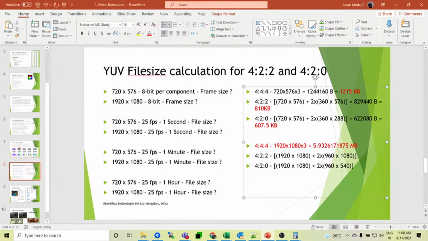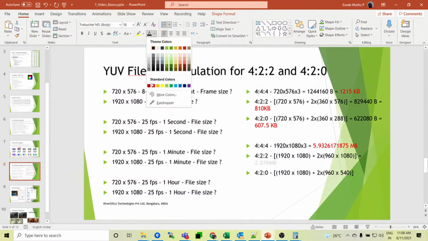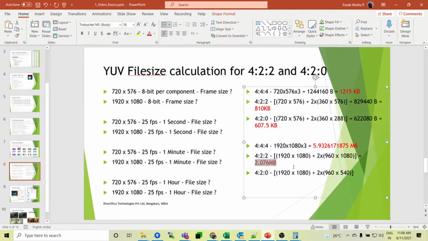Okay, fine. What is this value then? 420. 2.076. 2.076. I'm not calculating, I'm going with your number. I can cross verify. 2.076. Because it has to be double, or half of 444.